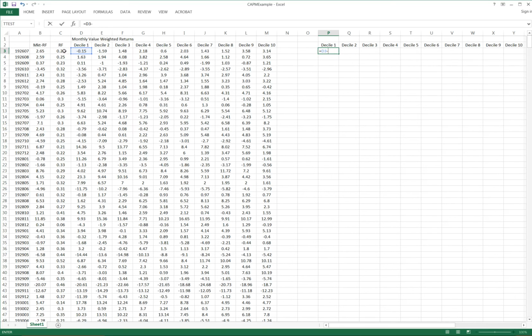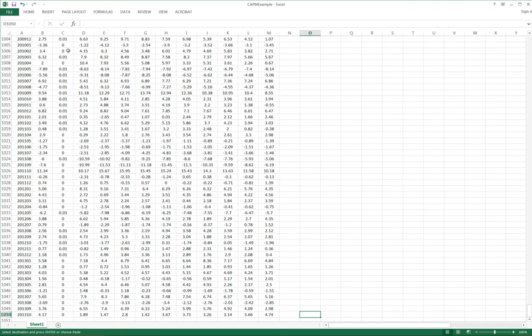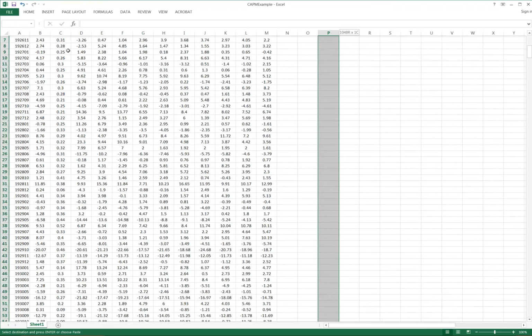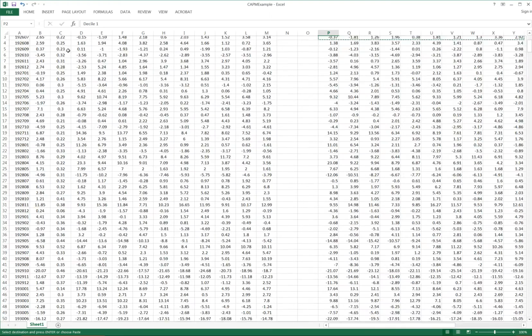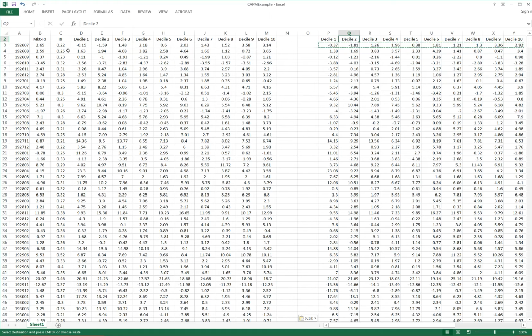Sorry, risk-free rate. Copy it over for all 10 portfolios. Copy that down. And I've created excess returns on my assets themselves.